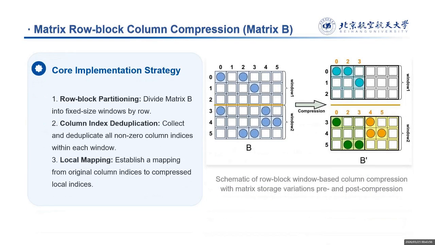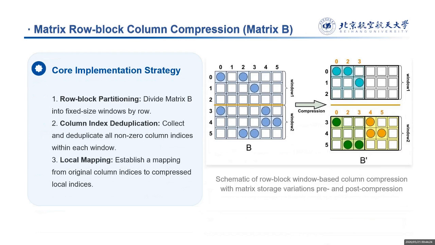We first divide B into row blocks. Inside each row block, we collect all column indices that contain non-zero elements, and we sort them and remove repeated indices. After that, we keep only these active columns. We also build a mapping from original column index to compressed local index.